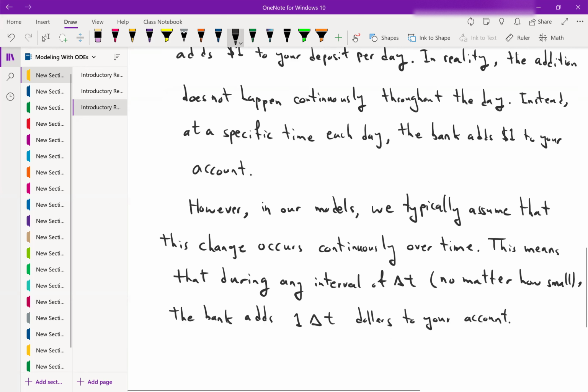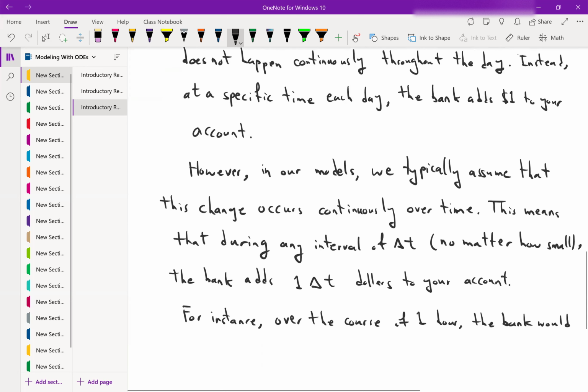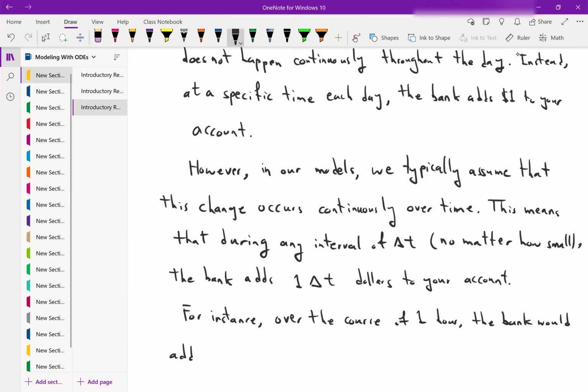For instance, just to be very clear about what's happening here, over the course of 1 hour, this is our assumption, of course the reality is different, the bank would add $1/24, right?